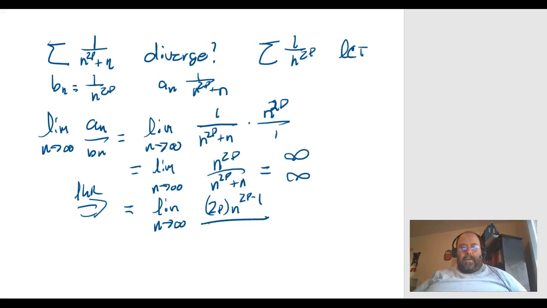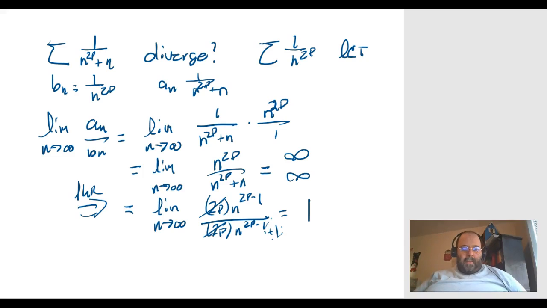The derivative of the bottom is 2p times n to the 2p minus 1, and the derivative of n is just 1, so it's plus 1. So if I look at this going to infinity, these cancel. This doesn't matter because this term has an n and that one doesn't, so I'm going to get 1.